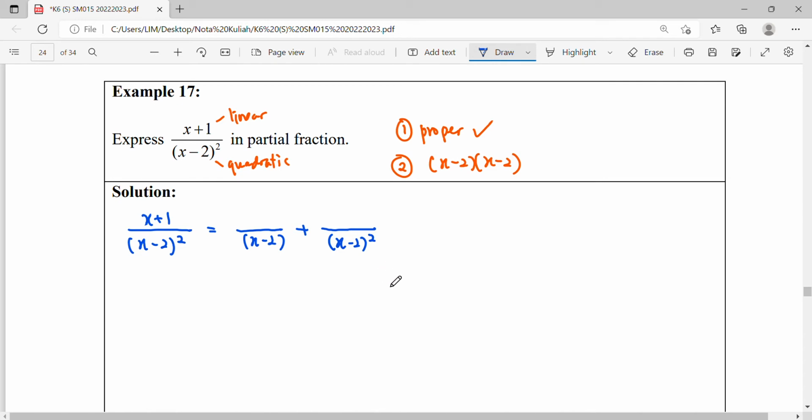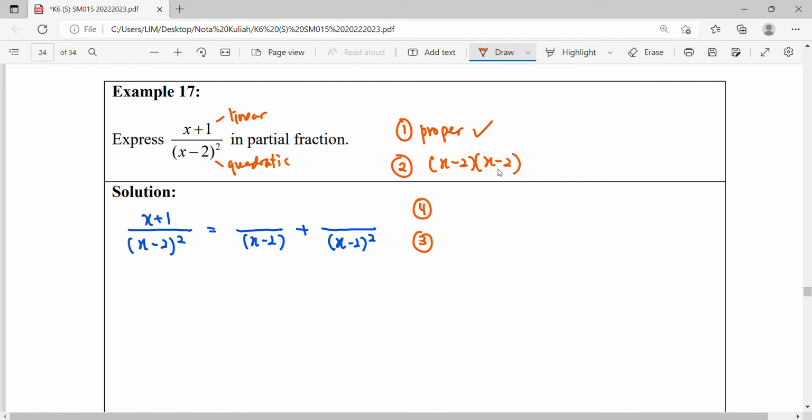So this is how we handle a repeating factor. The first time we write it once, the second time we write it twice. The power of 2 means it is repeating twice. So this is step number 3, how to split the factor into partial fractions.